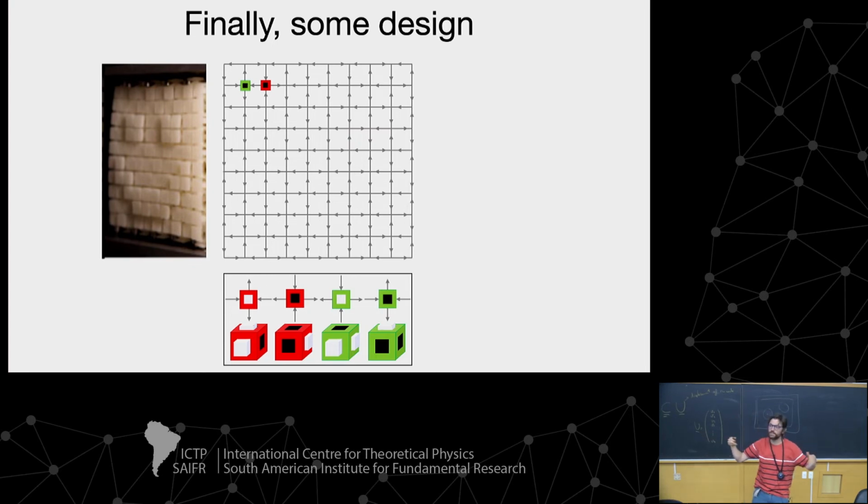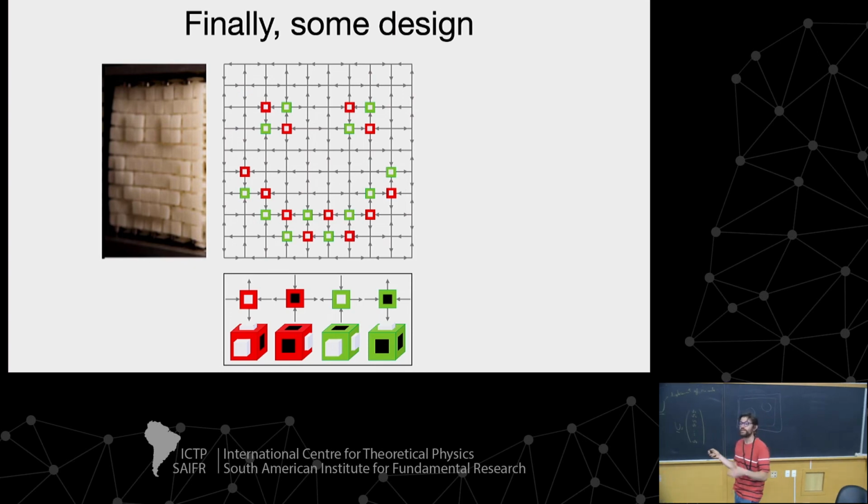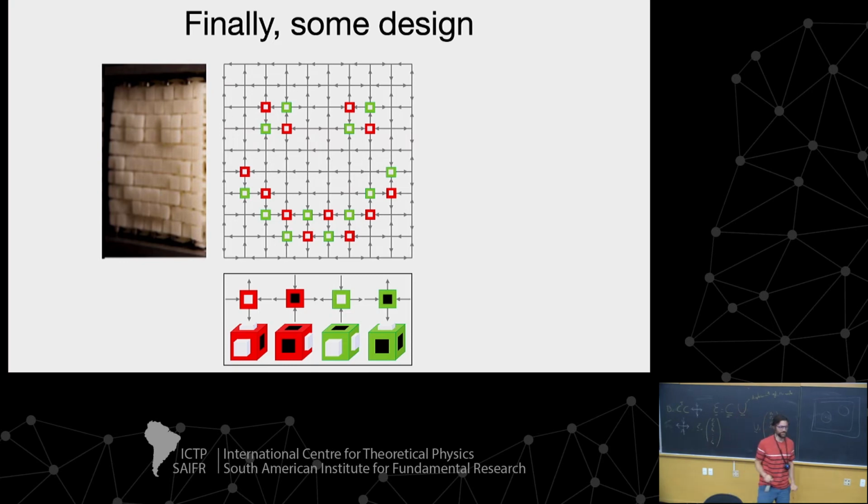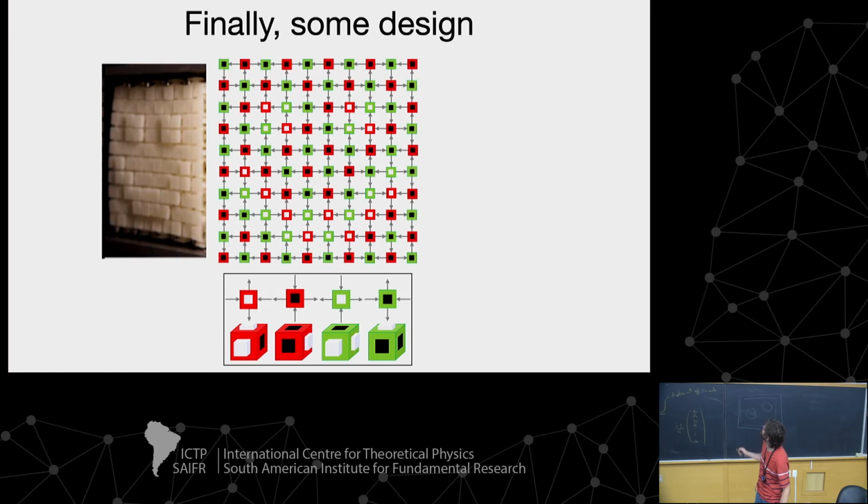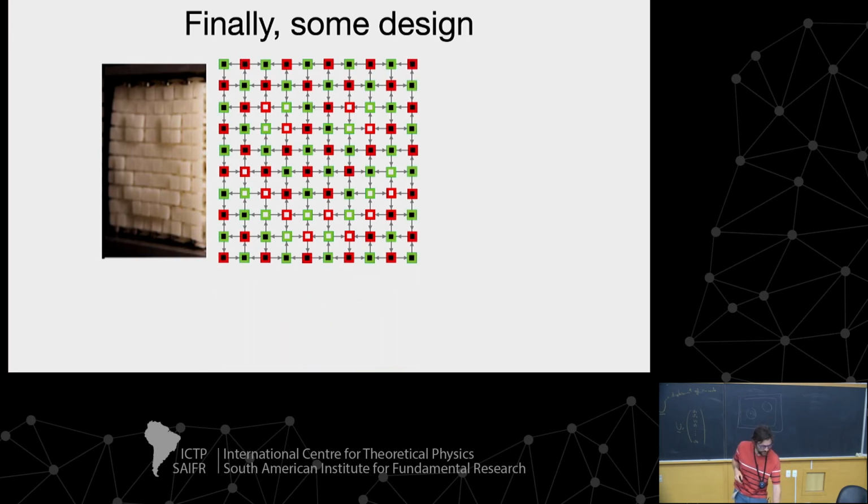That's how you can design a smiley face, by carefully patterning it. You can basically escape the antiferromagnetic order by combining green and red at will, and that's what we use here to design this smiley face. Okay, and so that's what you can do.